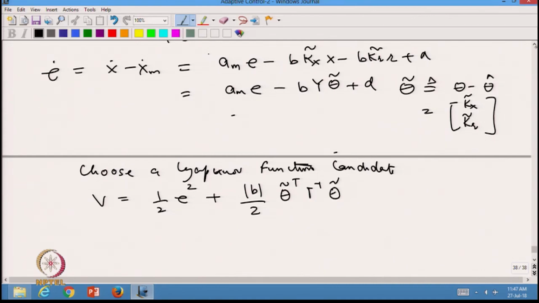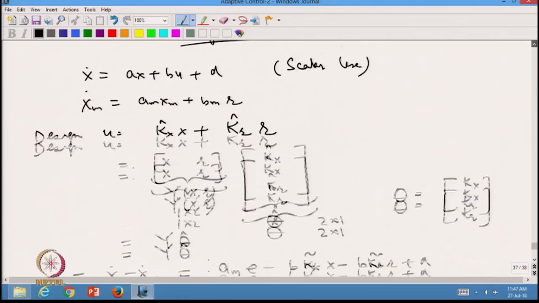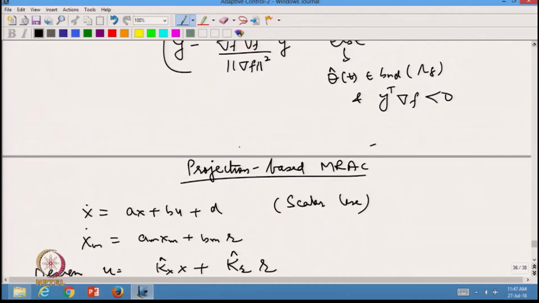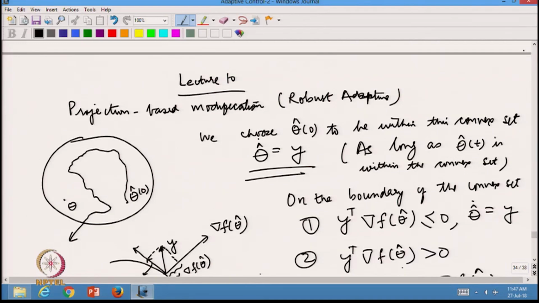One thing I just want to mention before we do the stability analysis is that we can easily show that the parameter estimate theta hat will always stay within this bounded convex set as long as initially we start off inside the set.